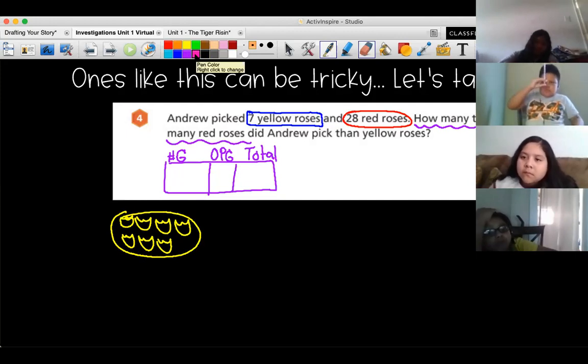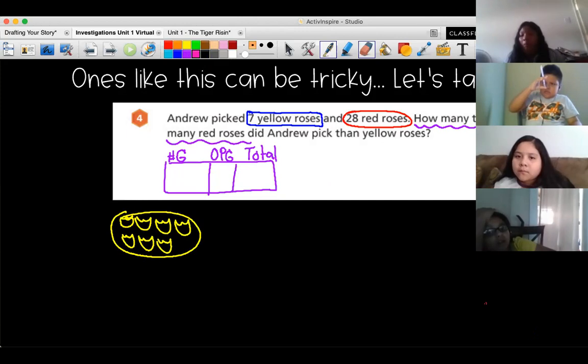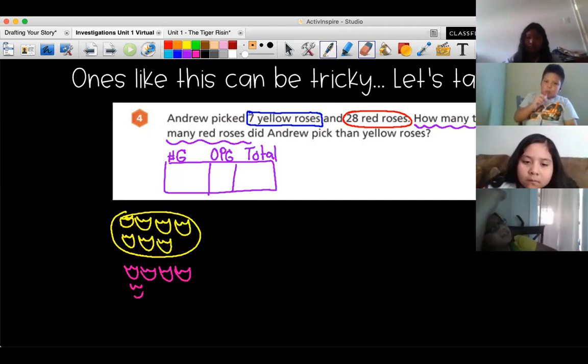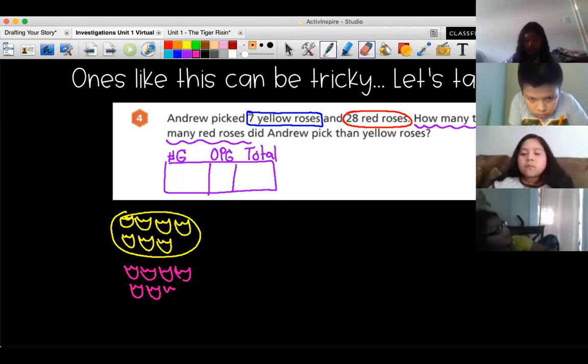Is there a number we can multiply to get 28? Can we multiply 7 times something to get 28? Do we know that math fact? Let's just see if we can put the red roses in groups of 7. All right. So 1, 2, 3, 4, 5, 6, 7.